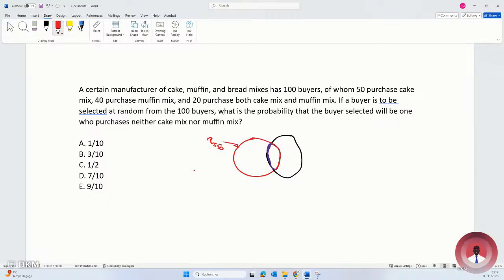And then we will have 20, which is going to be called 20 equal to 20, buyers purchasing also, this is going to be equal to buyers that are purchasing both cake mix and muffins.